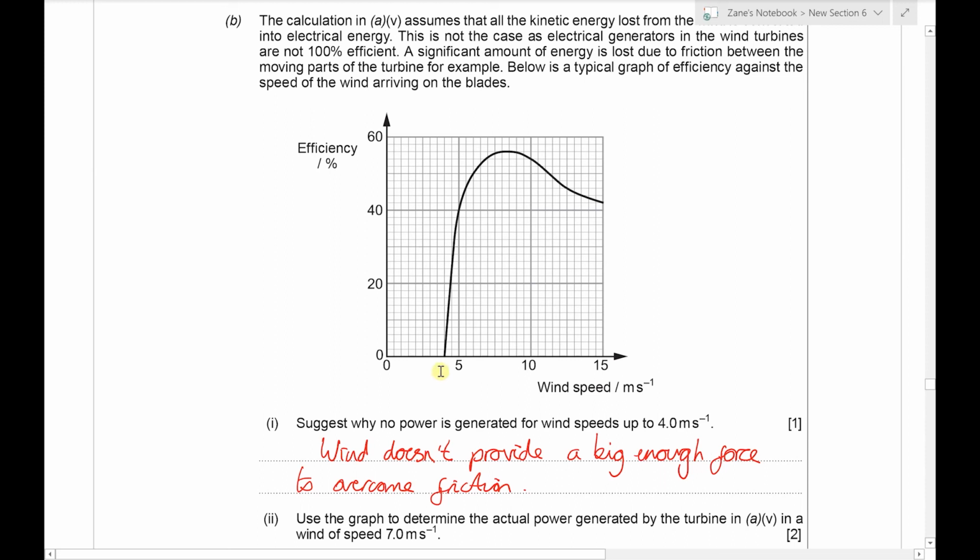Then we've got to use the graph to determine the actual power generated by the turbine in part 5 with a wind speed of 7 meters per second. So if we carefully read 7 meters per second off the graph, we'll find that that efficiency is about 54%.